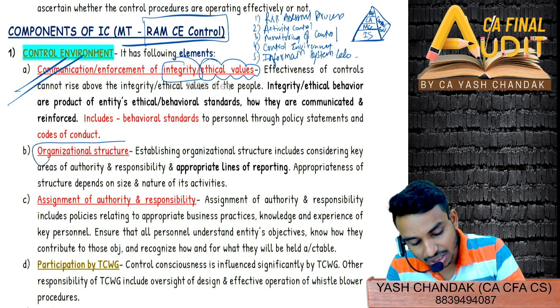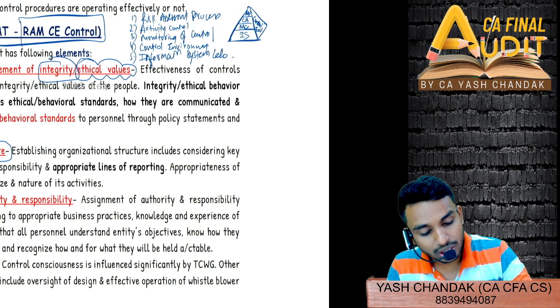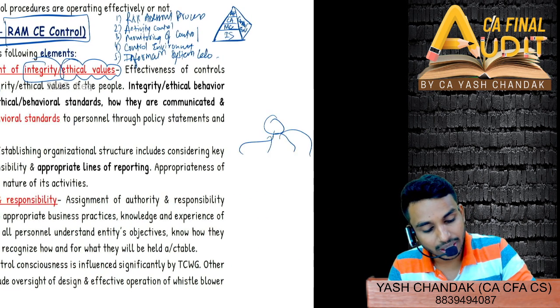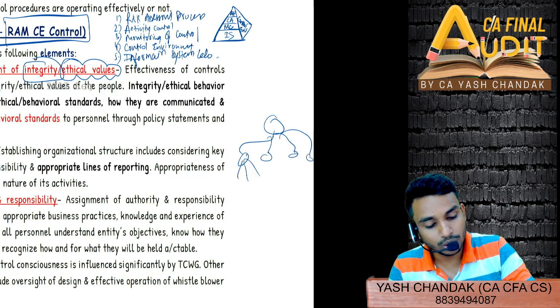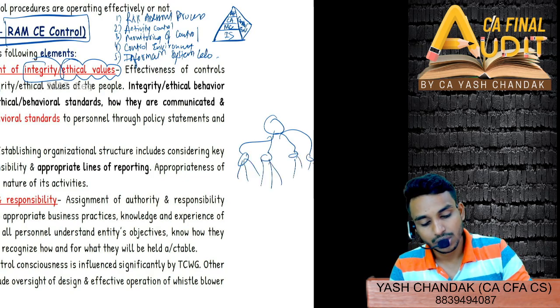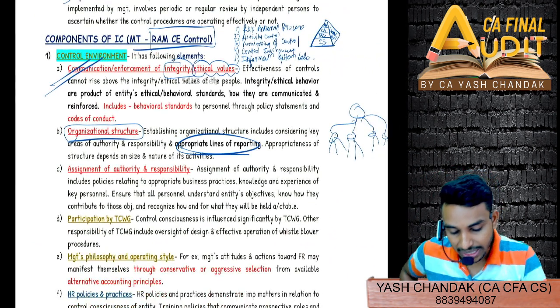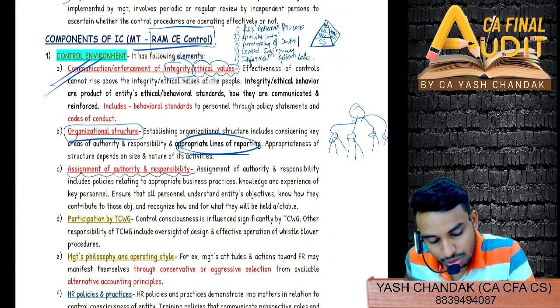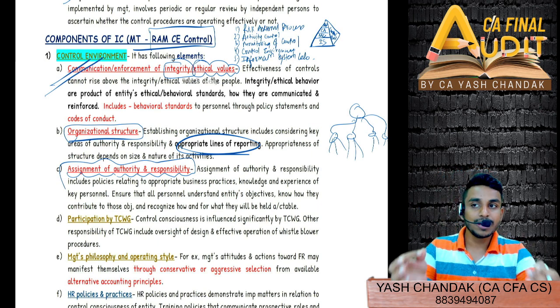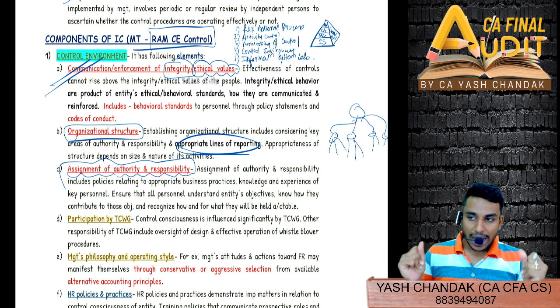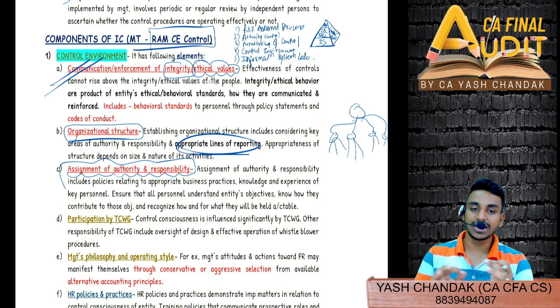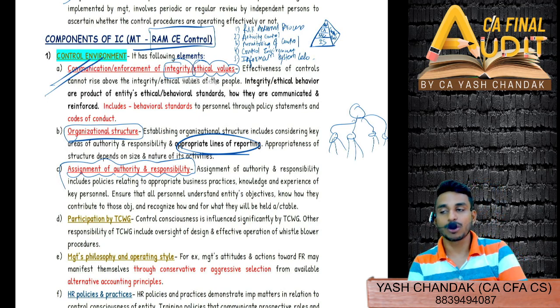Then organizational structure, you should know what your structure is, who all are coming under you, who you need to report to, so appropriate lines of reporting have to be followed. Then assignment of authority and responsibility, that means you will be assigned authority, and also responsibility. Definitely if power comes to you, the responsibility also comes, right?